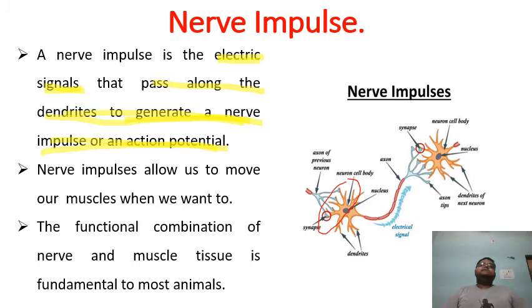Now you see, can we just survive upon the nerves or the impulse? Is the nerve impulse alone sufficient to produce any movement in our body? Yes, students? No? Okay.